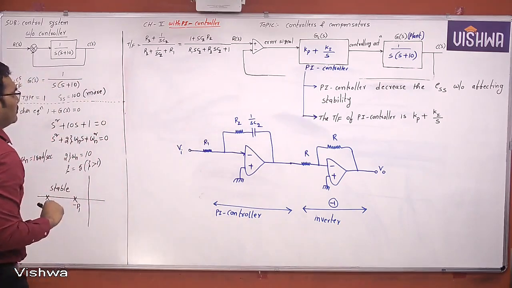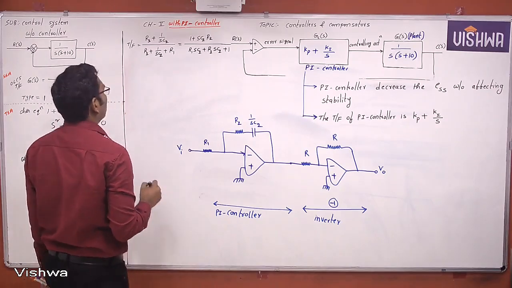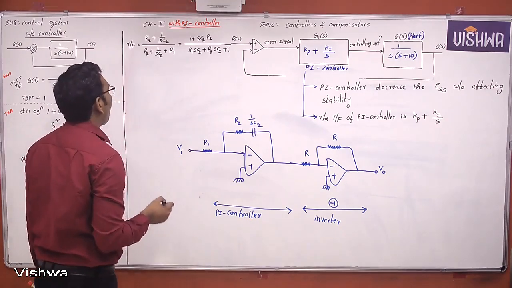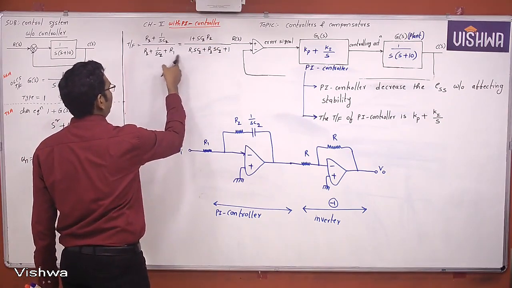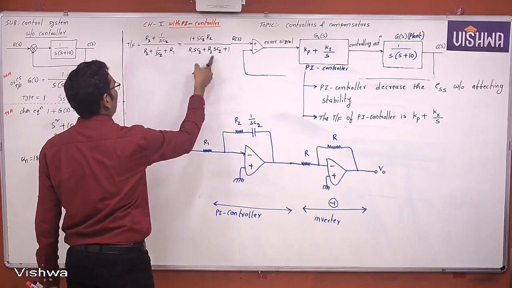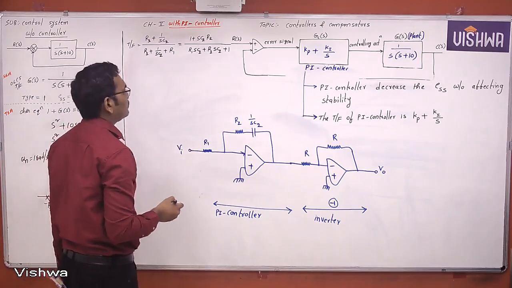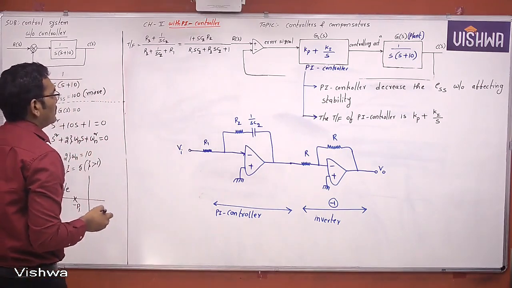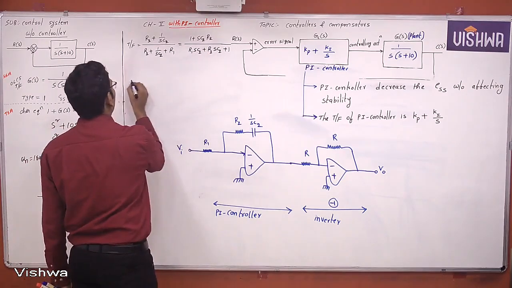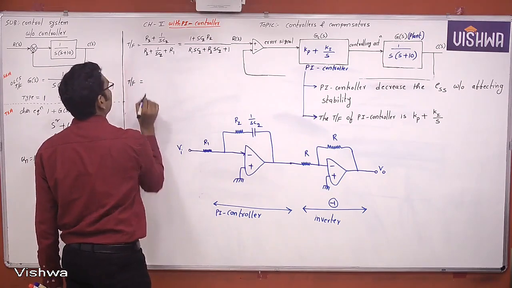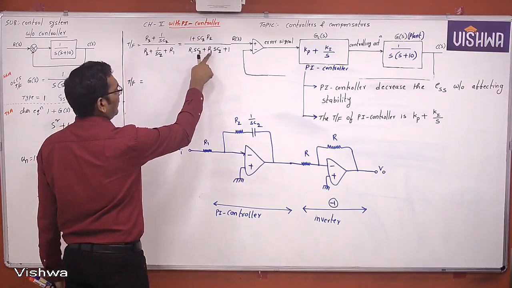SC2 cancel. Now this is R1 SC2 plus 1 by R2 SC2. If I divide, the constant 1 plus SC2, 1 plus SC2 cancelled. Now this is the transfer function, R1 SC. This is Kp plus Ki by S.